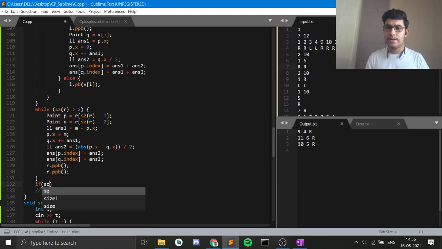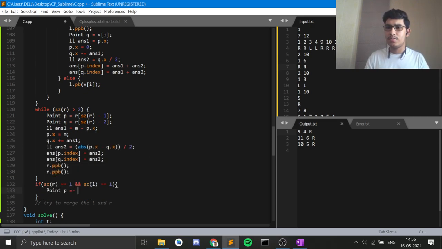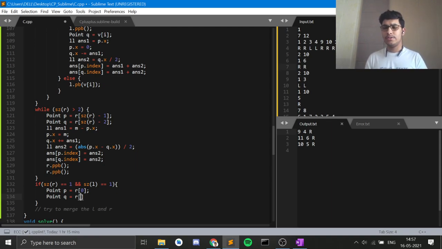So if size at R equals 1 and size at L equals 1, P equals R at 0, Q equals, what do we do? R at, sorry, L at 0.